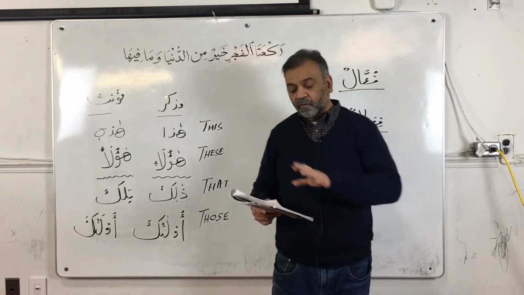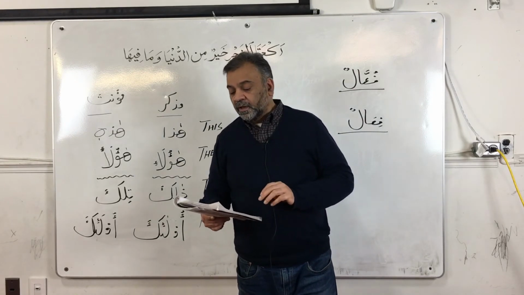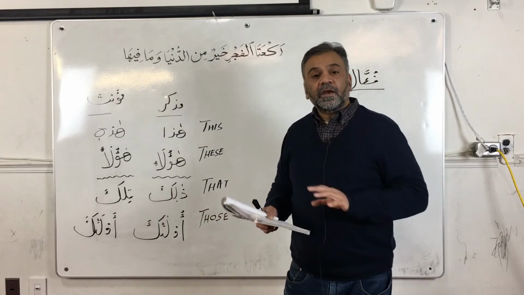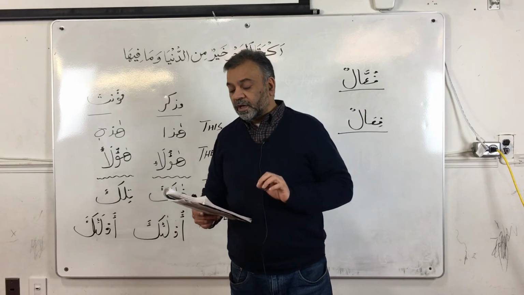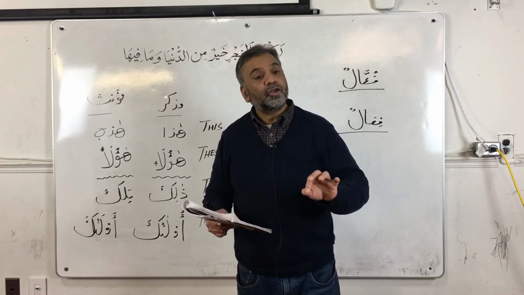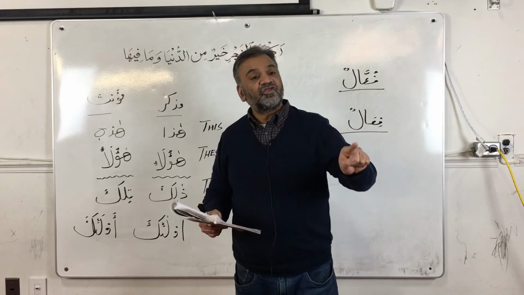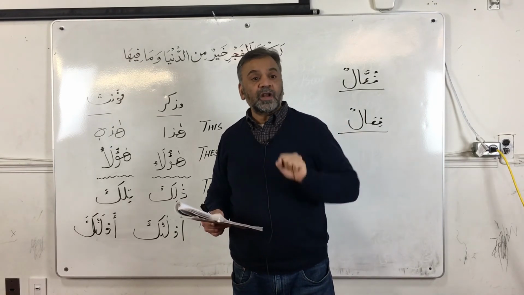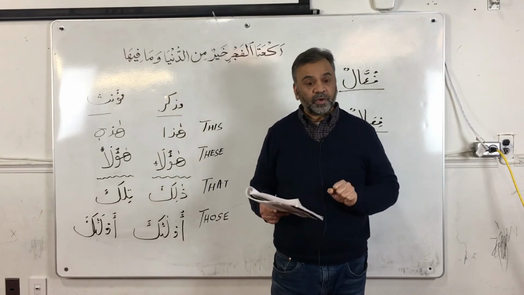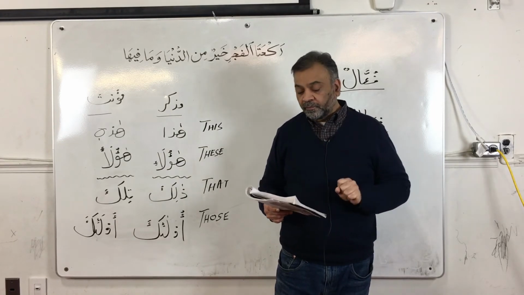Exercise number 1, we did some of it. Let's take a look at the example. Haza talibun, haulai tullabun. This is a student, these are students. Now tullabun is broken, we know that. There is a pattern to it, which is fu'alun.